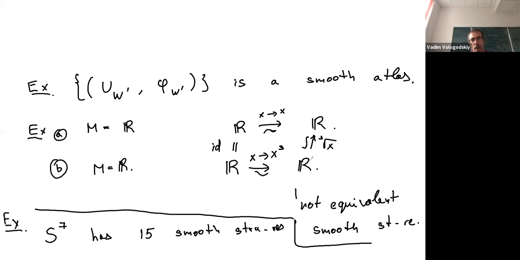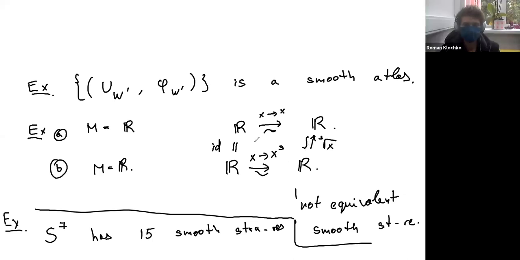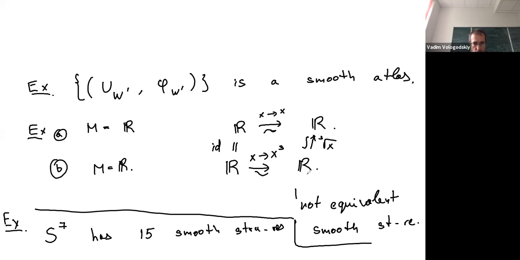This transition map is not smooth. Therefore, if I consider R with an atlas consisting of these two charts, it's not smooth. It means that the two atlases are not equivalent.